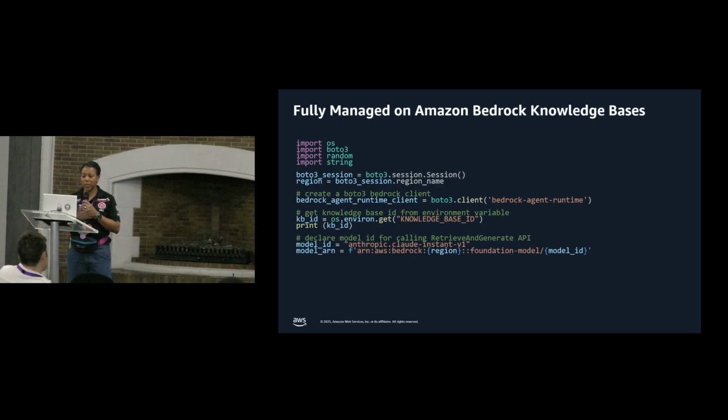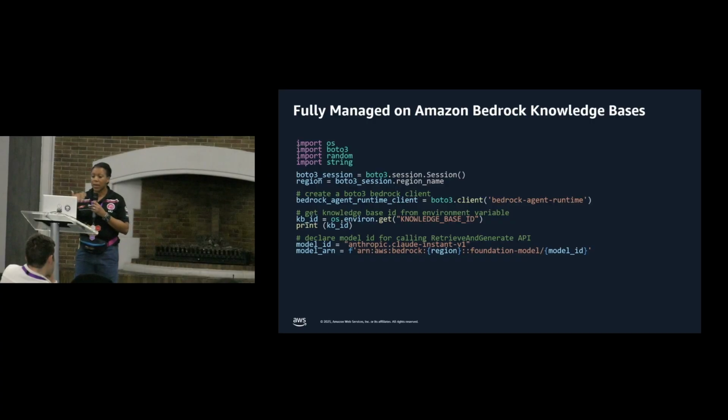So I went just like you normally would. I started doing all my imports, and I got my client on so that I can access the Bedrock Agent Runtime API. And then I started to declare the model on Amazon Bedrock that I wanted to use, and the ARN of the model, the region that it is hosted on, and the ID of the model.